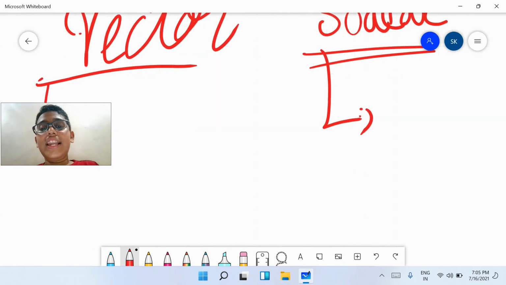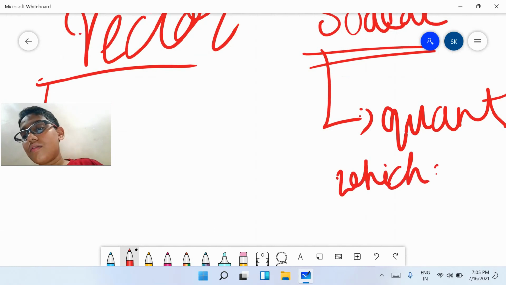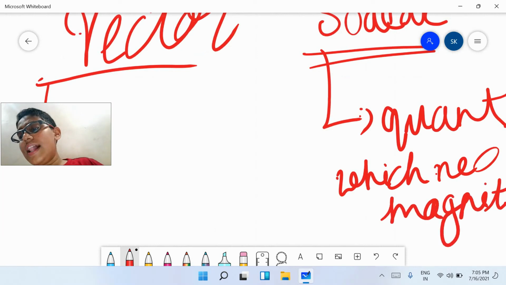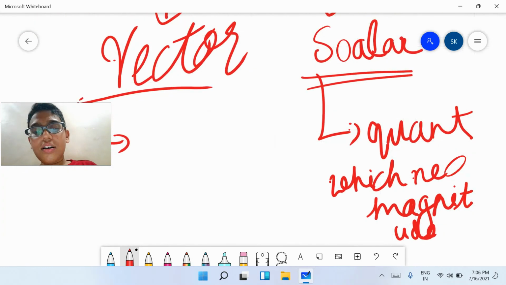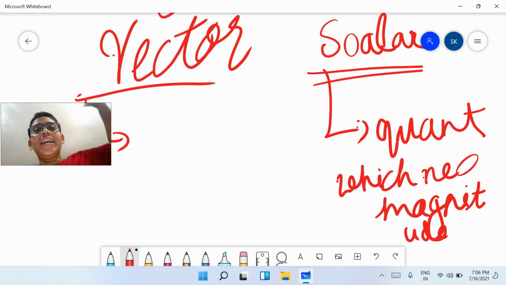So what are scalars? Firstly, quantities which only need magnitude, nothing else. Like we say, the length of this chair is 5 meters. Do we say that the length of the chair is 5 meters toward east? We don't say that.